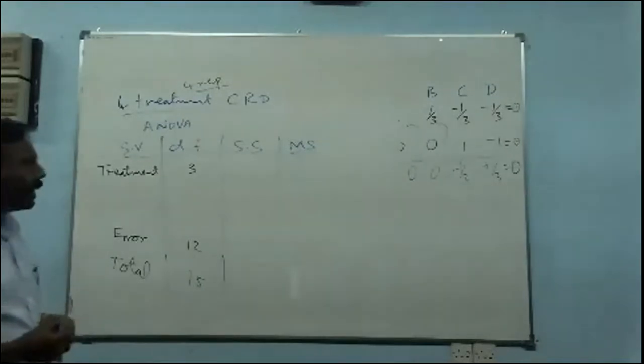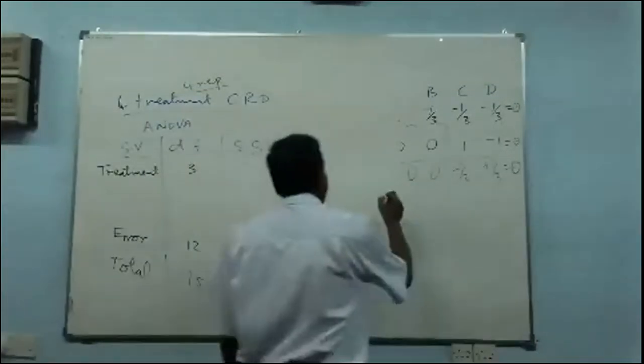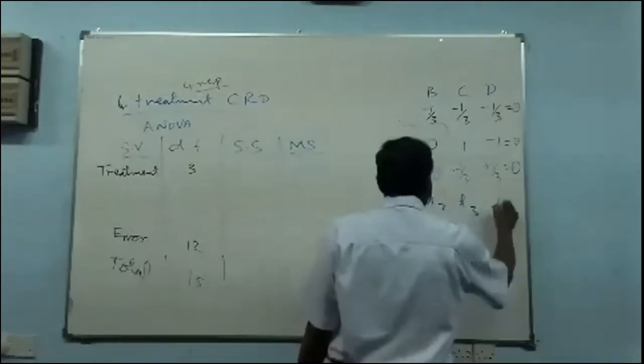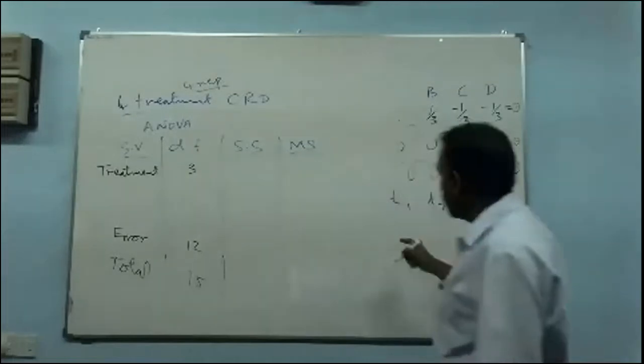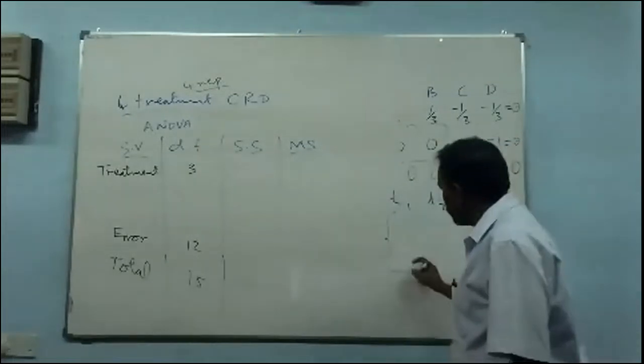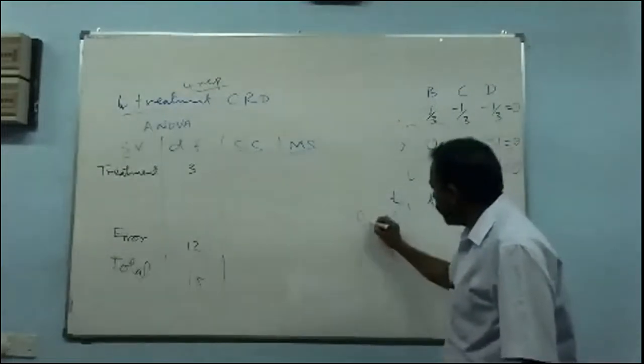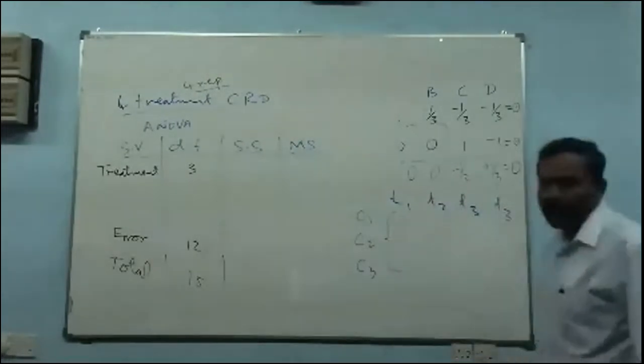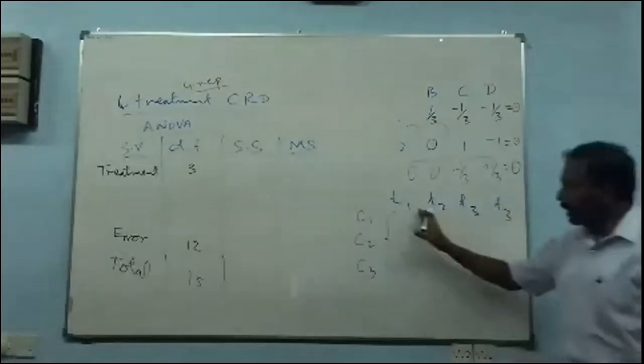Now we said if we have 4 treatments, T1, T2, T3, T4, how many contrasts can we maximum develop? We can maximum develop 3 contrasts, T minus 1.